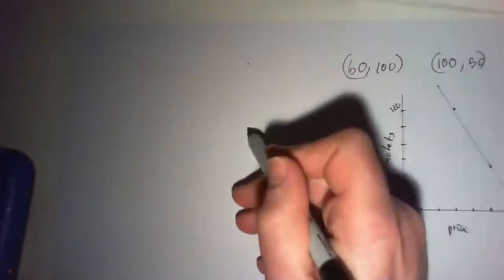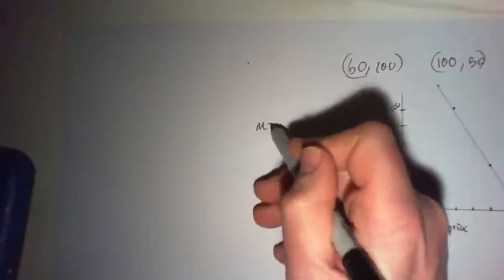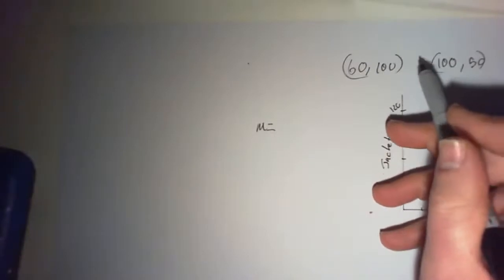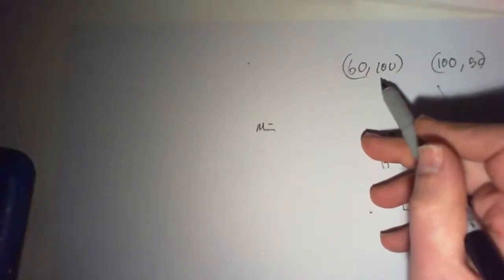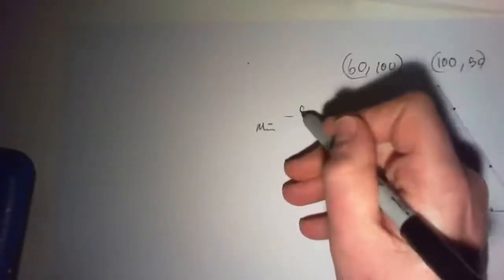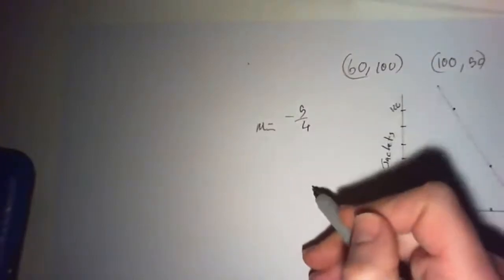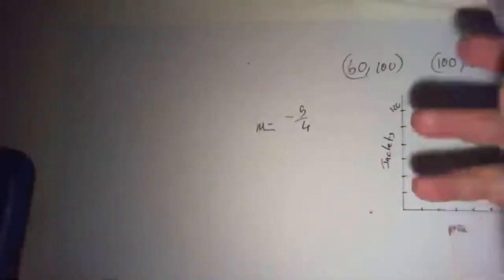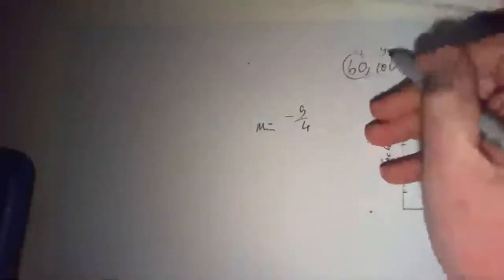We could do a rise over run on it, but we have our numbers here. So slope is going to be y2 minus y1. So it's minus 50 over 40, which is minus 5 over 4. Okay, so let's do our equation. You can use either one of these. We'll use this one, like the 100 at y1.